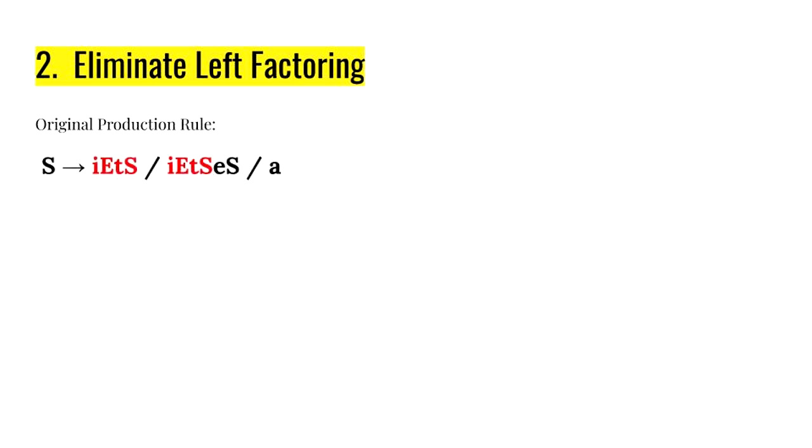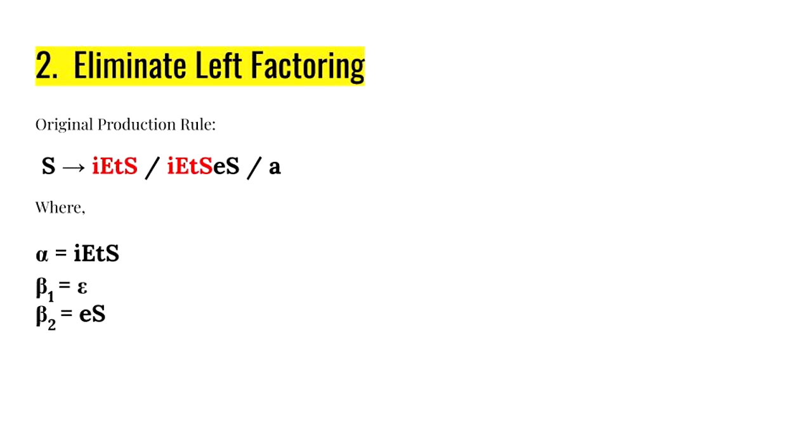We have the grammar that says S derives IETS or IETS, ES and A. The common prefixes are highlighted in red color. If we compare this to the generic rules that we just saw, we can identify alpha as IETS, beta 1 as epsilon because the first production rule does not contain anything after the common prefix, and beta 2 as ES.